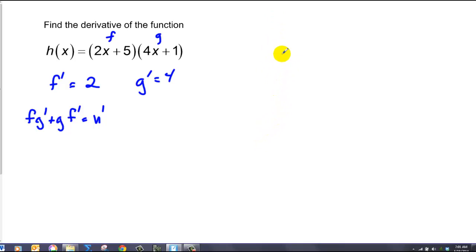And I'll come over here. F is 2x plus 5. I'm going to multiply that by g prime, which is 4. To that, I'll add the g function, which is 4x plus 1, multiplied by the derivative of the f function, 2.